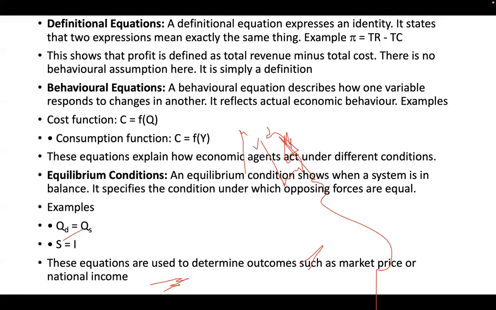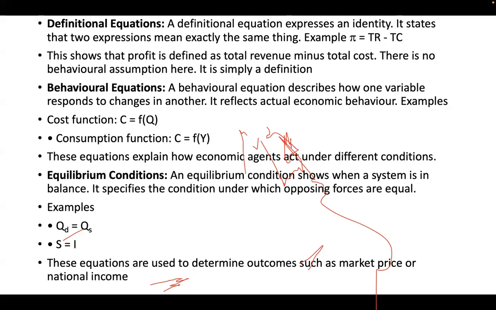Then we also have the equilibrium condition. An equilibrium condition shows when a system is in balance, that is, when the forces are balanced. It specifies the condition under which opposing forces are equal.